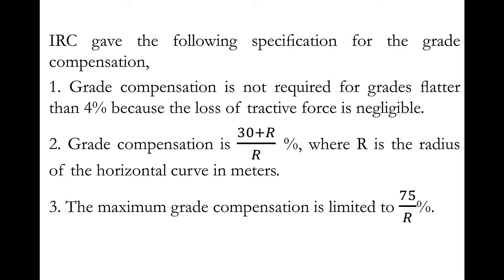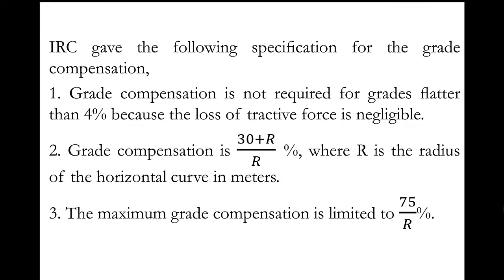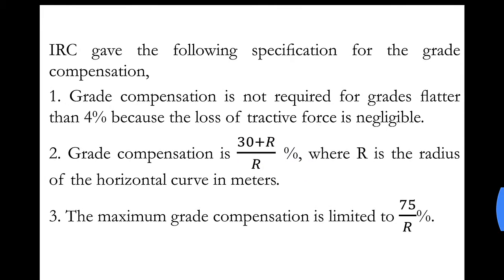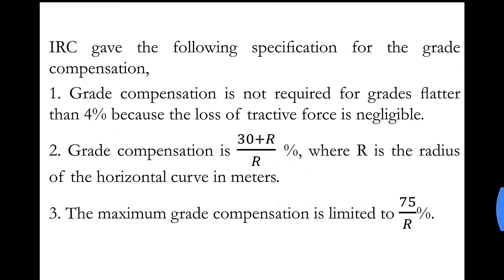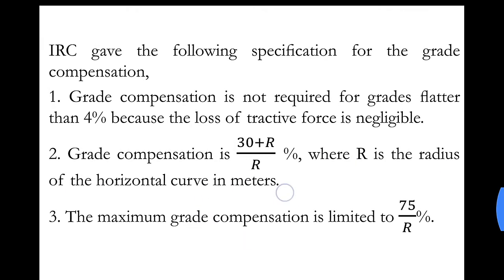And grade compensation is given by (30 + R)/R. In order to find out the grade compensation value in percentage, this is the formula used, (30 + R)/R, where R is the radius of the horizontal curve in meters.